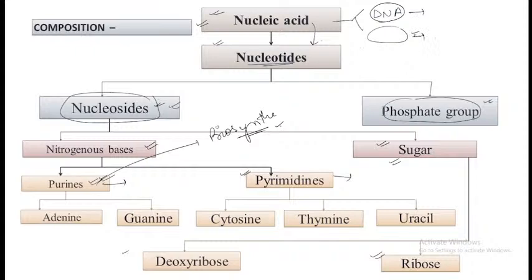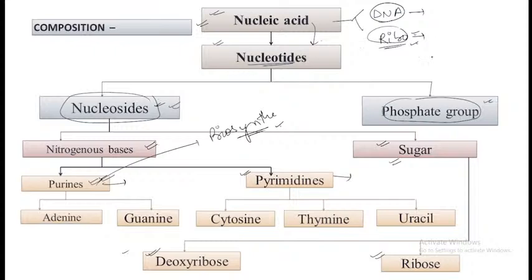When you look into the full form of DNA, it says deoxyribose nucleic acid. So deoxyribose sugar हमारे DNA में है, और RNA के अंदर you have ribose sugar. Okay, so dependent upon the sugar type, we have the type of the nucleic acid.